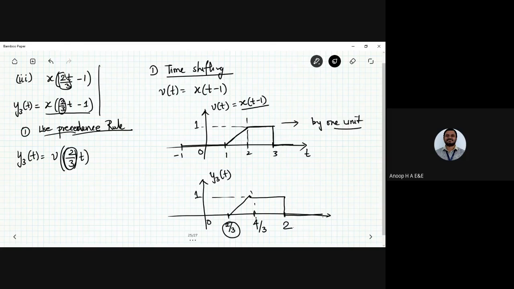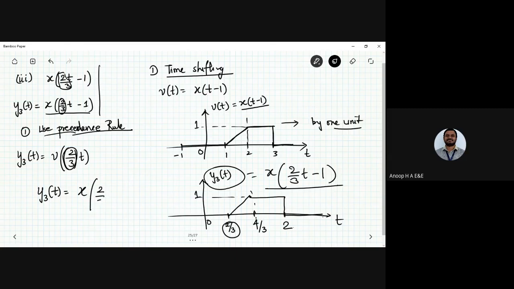So this is how you can represent y3 of t, which is x of 2/3 t minus 1. So this is how you are going to get it.